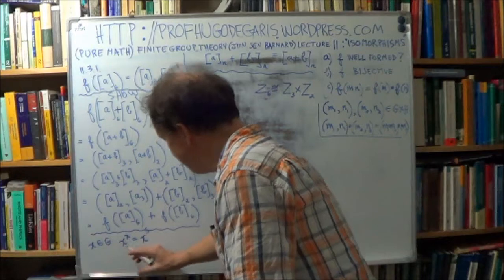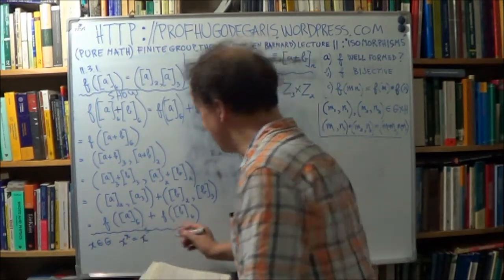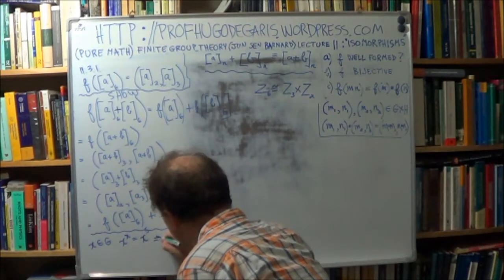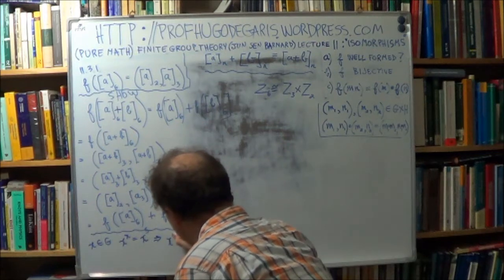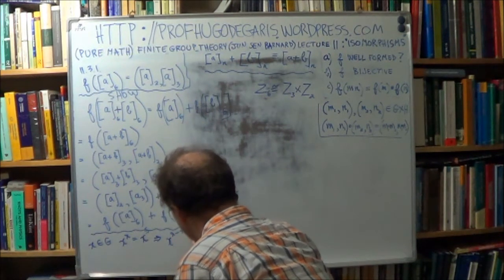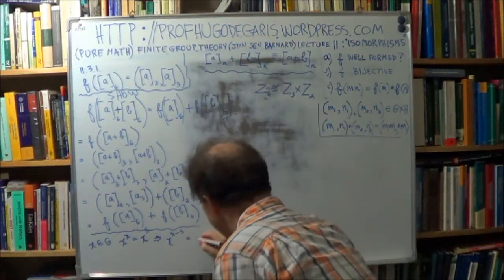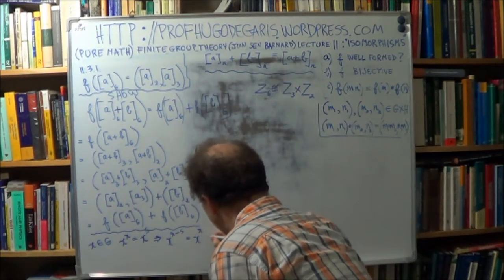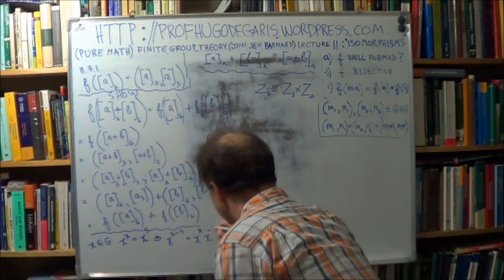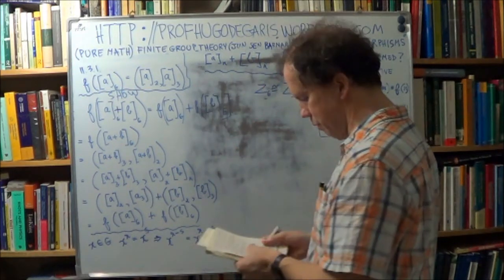Well, if these two powers are the same, then that implies that x to the r minus s, you can rewrite that just as x to the r, x to the minus s, right? Just split it up a bit.